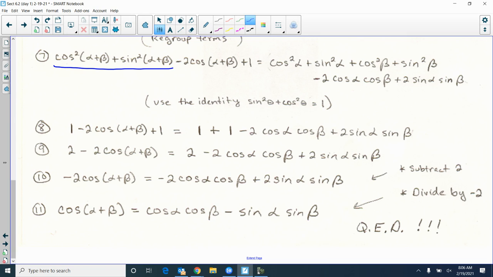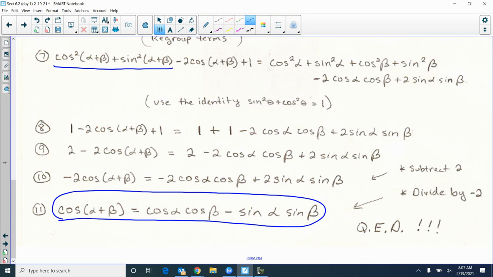In the end, here's what I end up with. Like I said, you have all kinds of algebra in there, but in the end, cosine of alpha plus beta is equal to cosine alpha cosine beta minus sine alpha sine beta. You need to know how to use it.